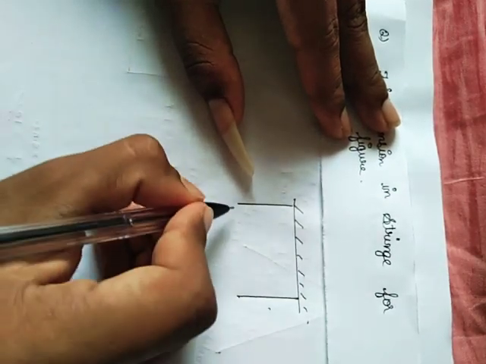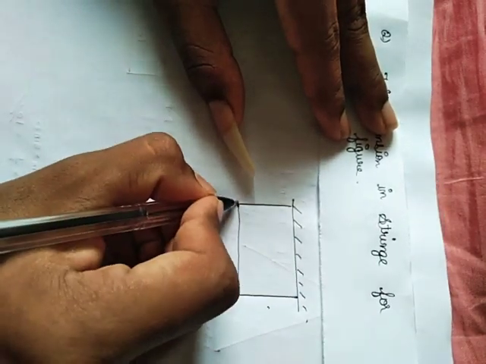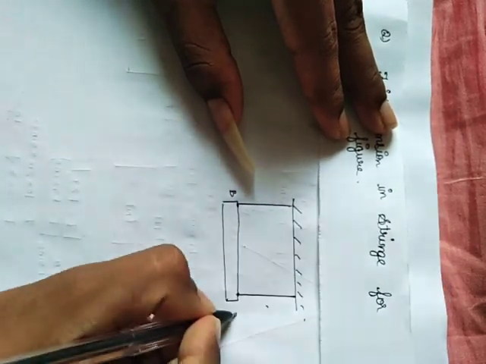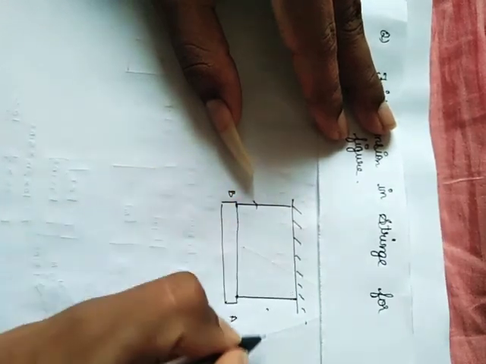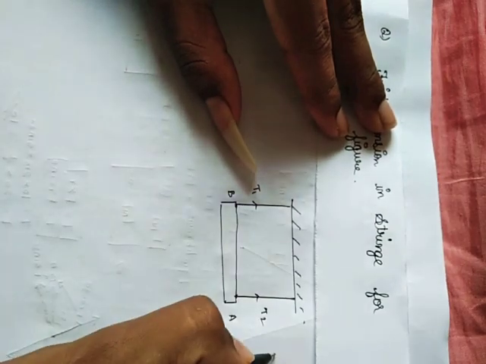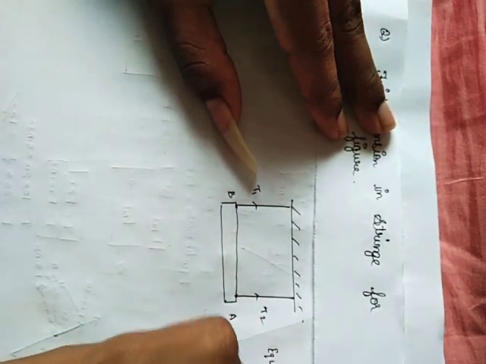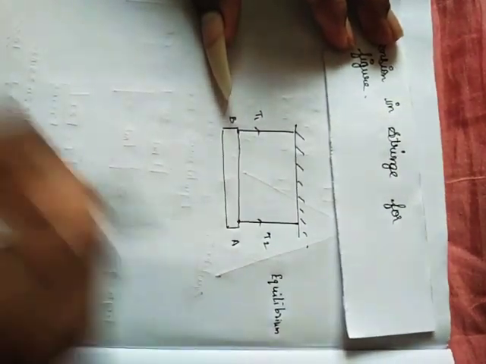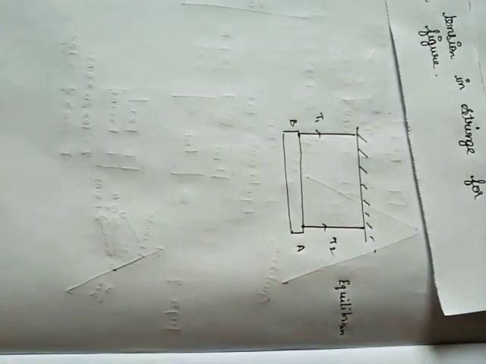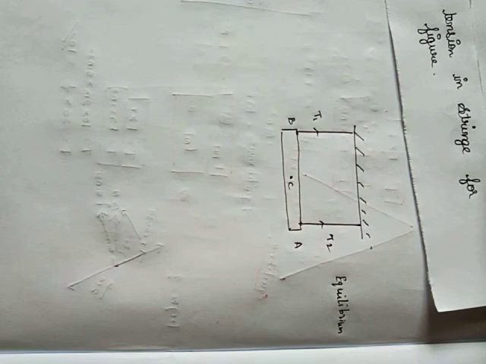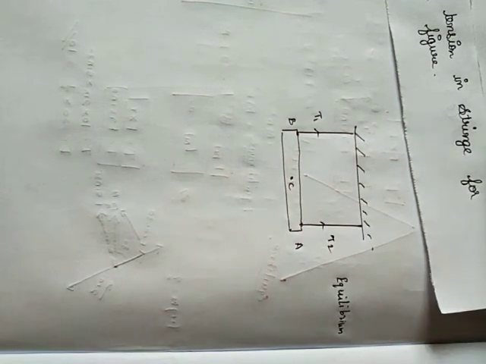These are the two strings connected with a ball, B and this A. These are two strings, with tension 1 and tension 2, and it is in equilibrium. So I need to find the tension of both these strings, T1 and T2.